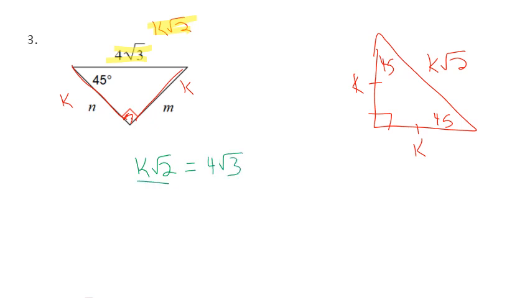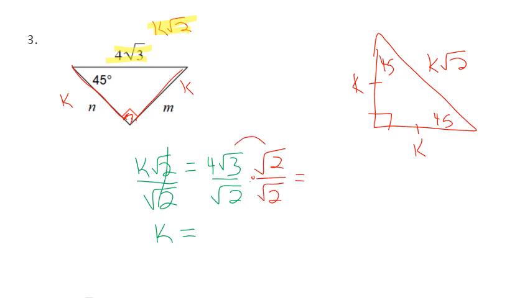Like the last problem, I have to divide by radical 2 because k is not by itself. And then similar to the last problem, I have to rationalize. And so when we rationalize this out, I have to multiply the top and bottom by root 2. So for the top, root 3 times root 2 is root 6. So you multiply them.